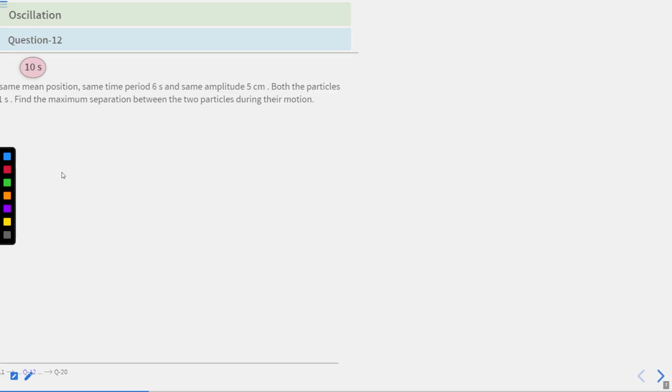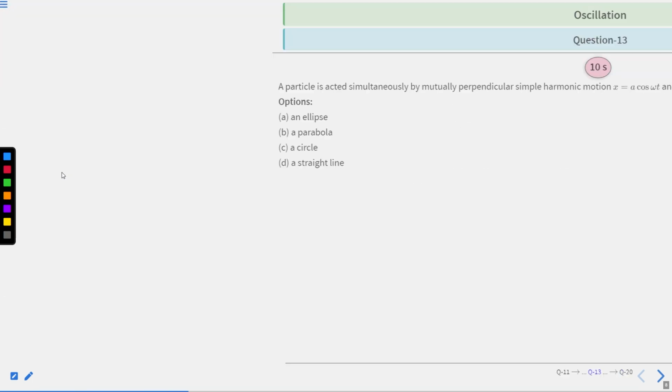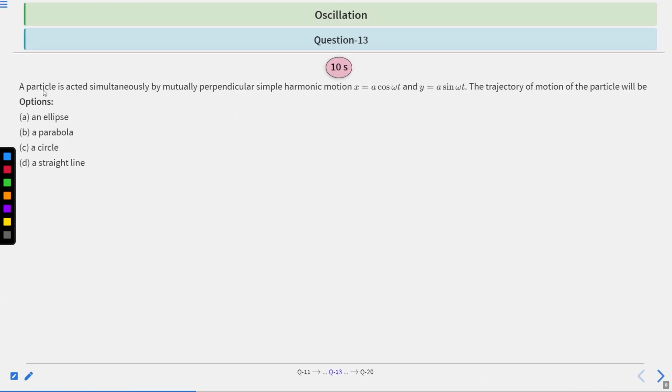Next question, question 13. A particle is acted upon simultaneously by mutually perpendicular simple harmonic motions, where x equals a cos omega t and y equals a sin omega t.